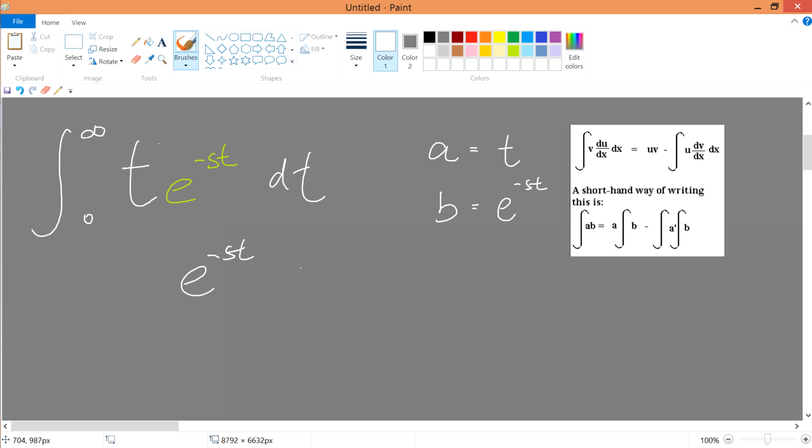Like if you differentiate one time, you will have minus s e minus st. If you differentiate again, you have s squared e minus st. If you differentiate forever, e minus st will always be there. Don't pick this type of thing. You'll kill yourself. Pick something that is differentiable conclusively, like t.